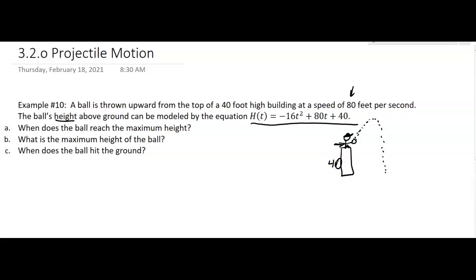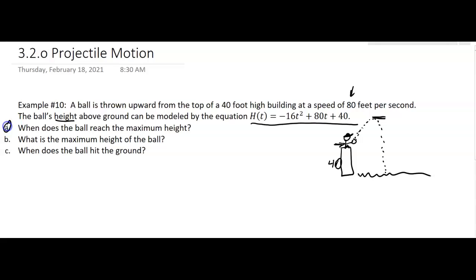All right, and then because we're throwing it up into the air, it's going to reach a point up here, and then gravity is going to take over, and it's going to start coming back down to the ground, and eventually, here's the grass on the ground, it'll hit the ground. Okay, so that's what's going on in the problem.